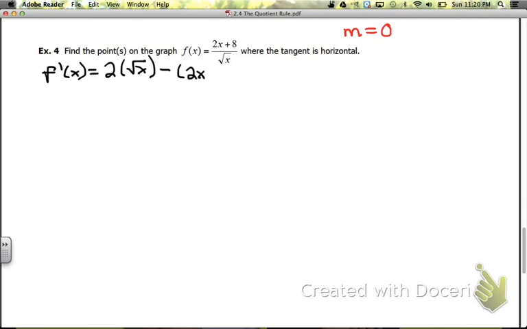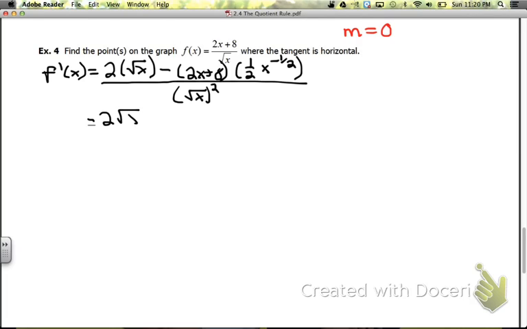minus our 2x plus 8 times, and do the derivative of our root of x, which is a half, times x to the power of negative a half, all over square root of x squared. So we will have 2 root x minus 2x plus 8 all over 2 root x.